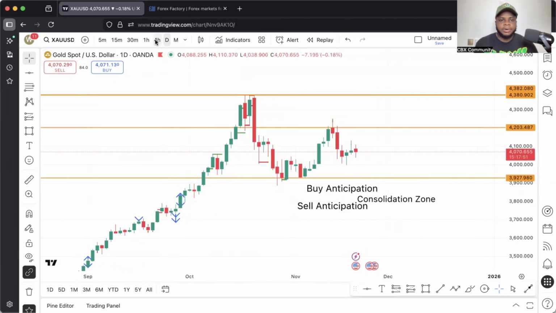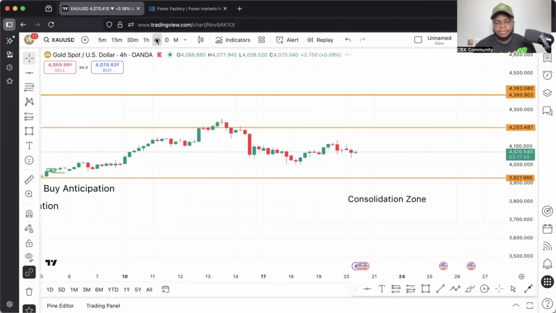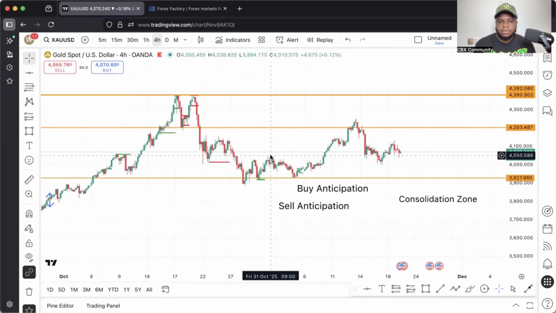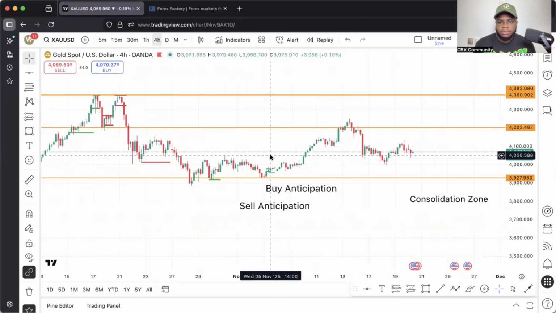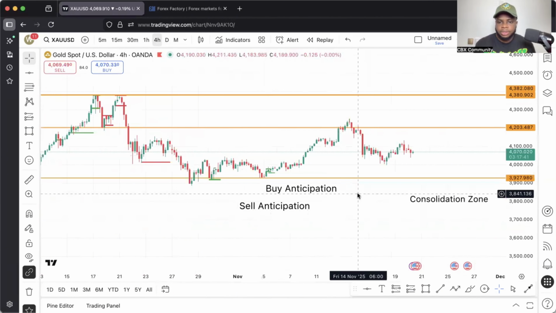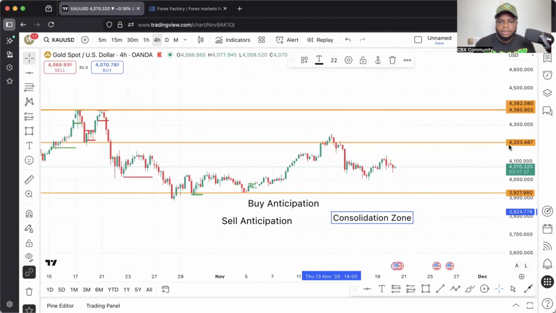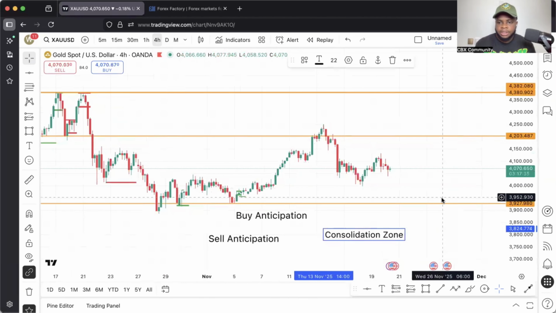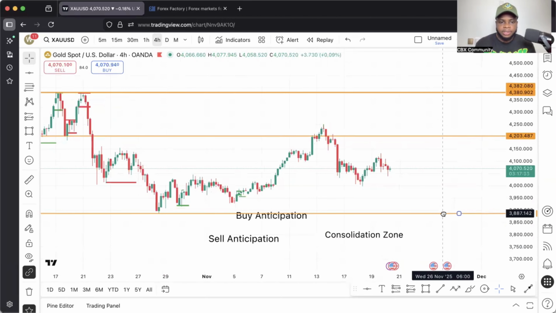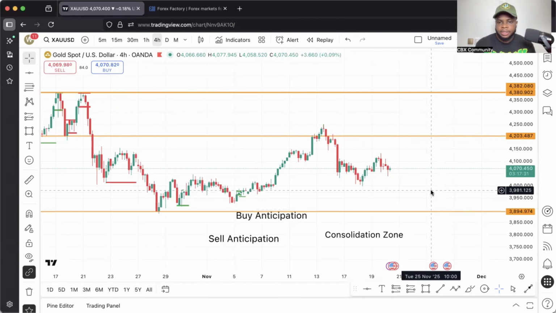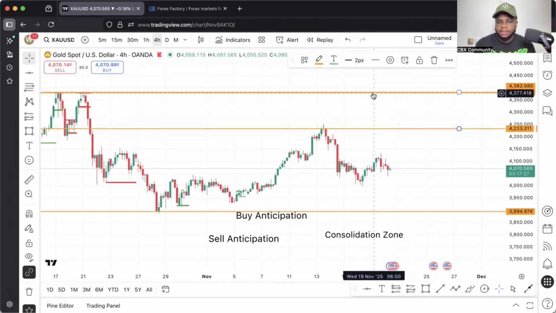Let's go to the H4. The H4 market structure, let's see what the candle is doing just for us to have an idea. We have a support zone down here, we have a resistance zone down here, and a resistance zone.